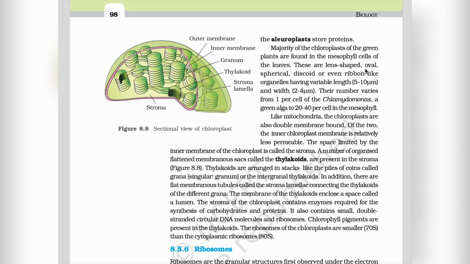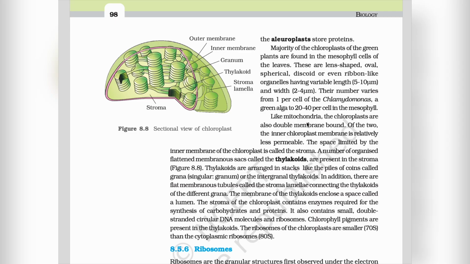These are lens-shaped, oval, spherical, discoid or even ribbon-like organelles having variable length, 5 to 10 micrometer in length and width 2 to 4 micrometer. Their number varies from 1 per cell of the Chlamydomonas, which is a green alga, to 20 to 40 per cell in the mesophyll.